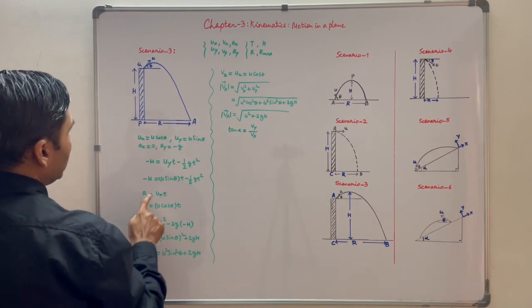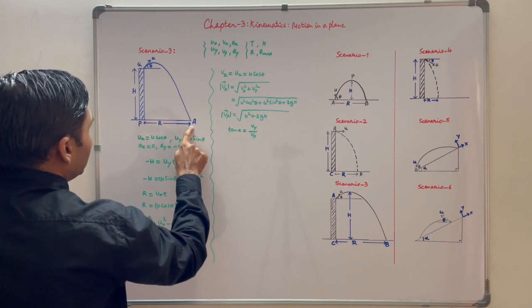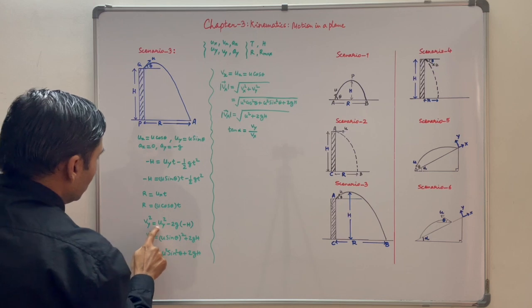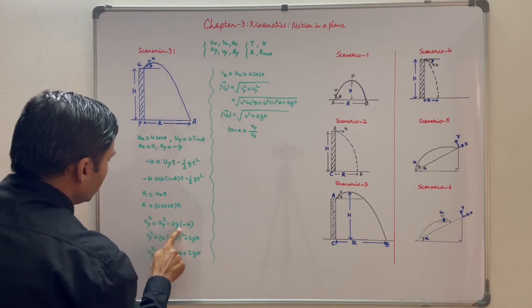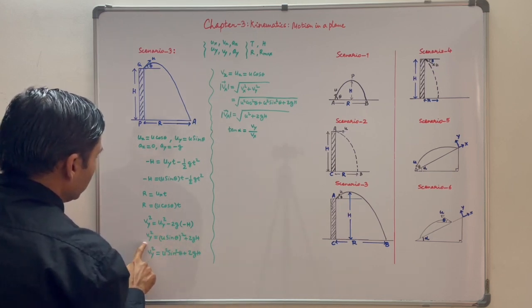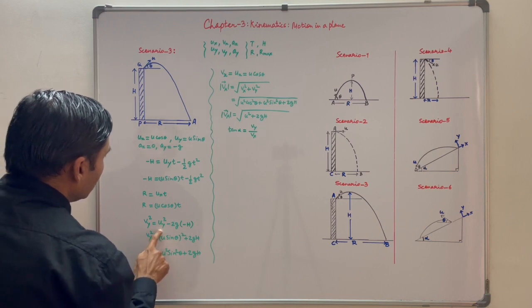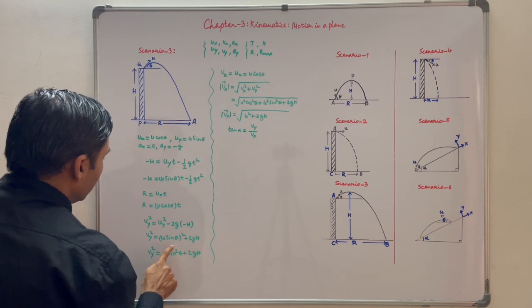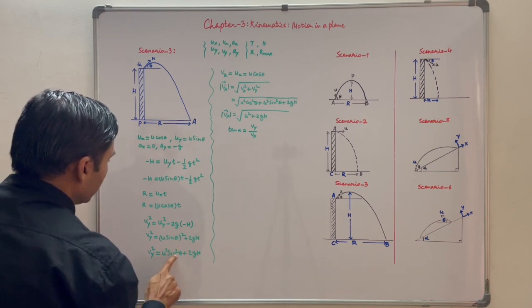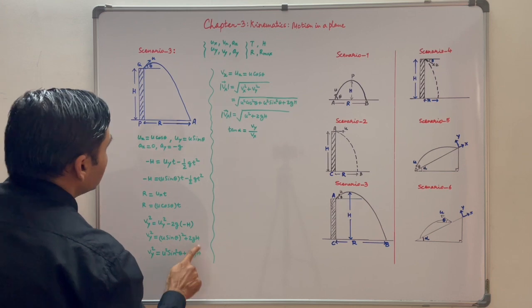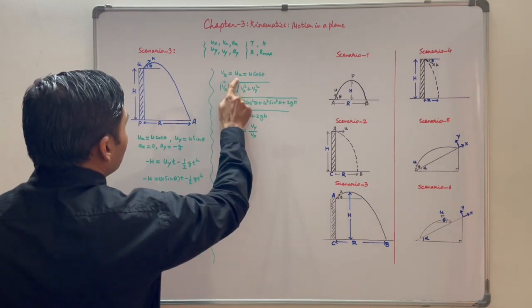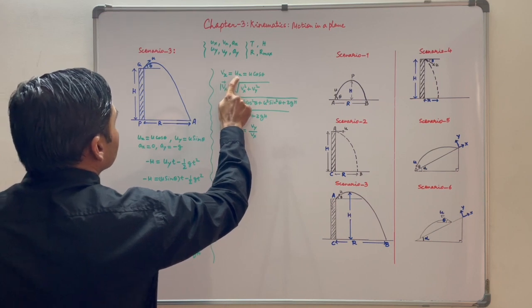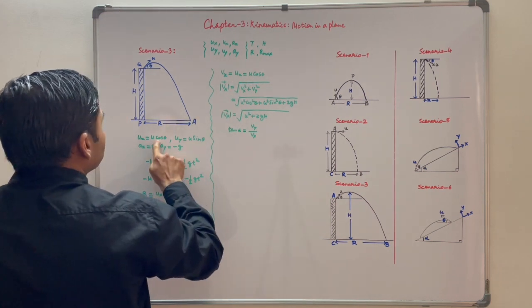Suppose we want to calculate the velocity of the particle at A when it hits the ground. So Vy square is equal to uy square minus 2g into minus h. Uy is equal to u sin theta. So Vy square is equal to u sin theta whole square plus 2gh, or Vy square is equal to u square sin square theta plus 2gh. Vx equal to ux as the horizontal component of velocity remains constant, that is equal to u cos theta.